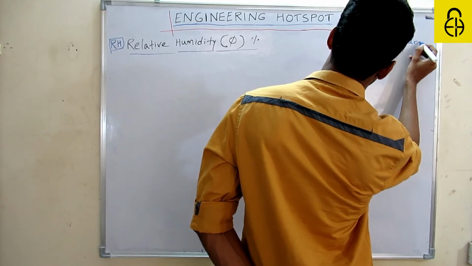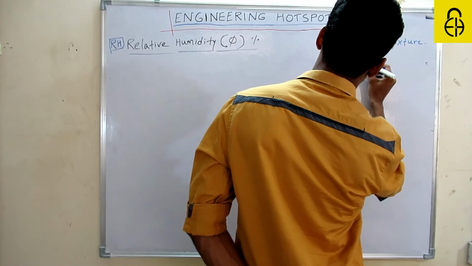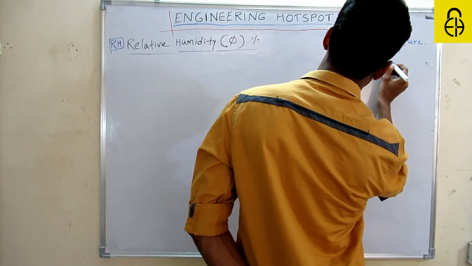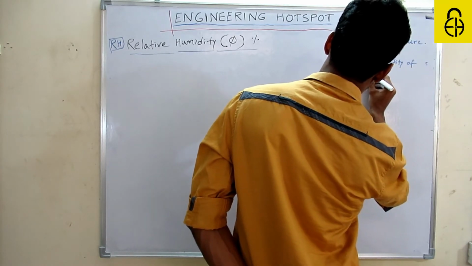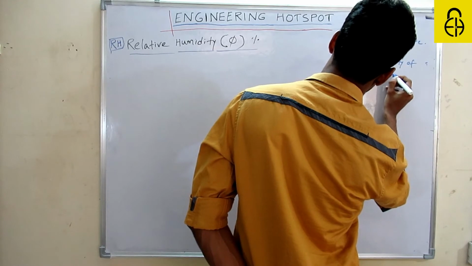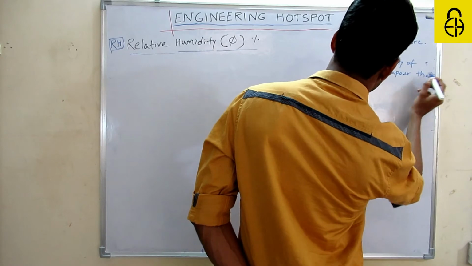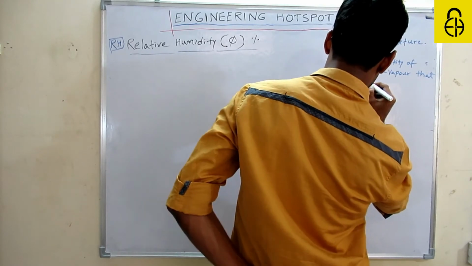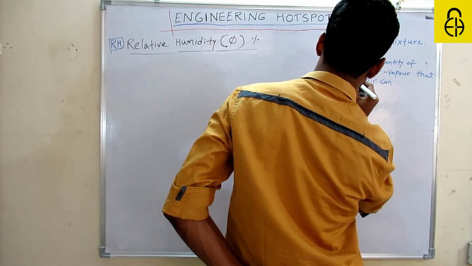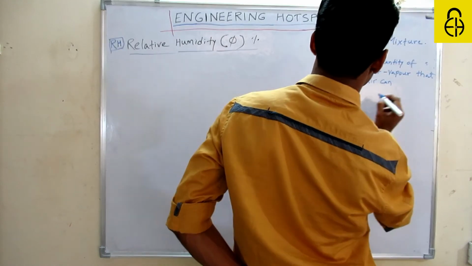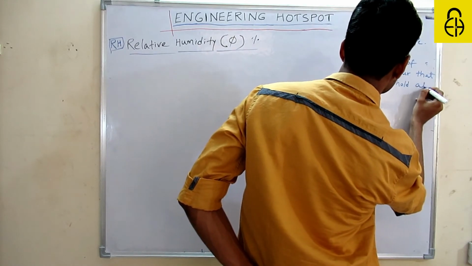Saturated mixture means the maximum quantity of water vapor that air can hold, or you can write just moist air, no problem. Moist air can hold at a given temperature and pressure.